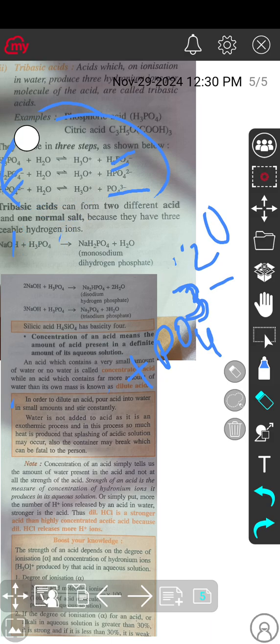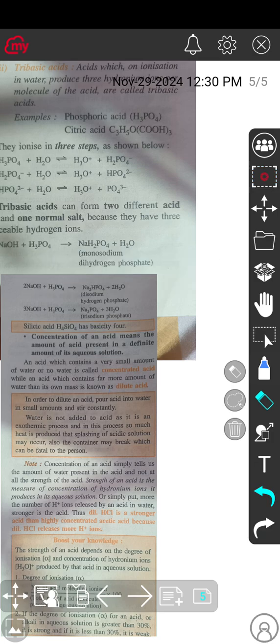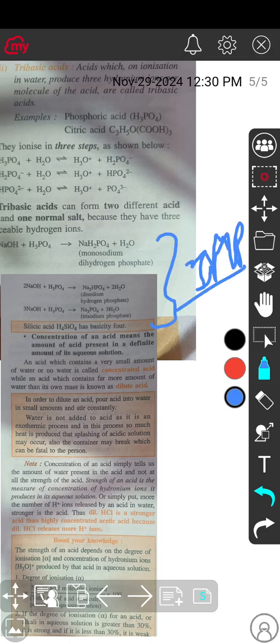Next, a tribasic acid forms one acid salt, two acid salts, and one normal salt. So these three equations are very important. Please learn them, meaning understand them first. NaOH plus H3PO4 gives NaH2PO4, and the second equation gives Na2HPO4.